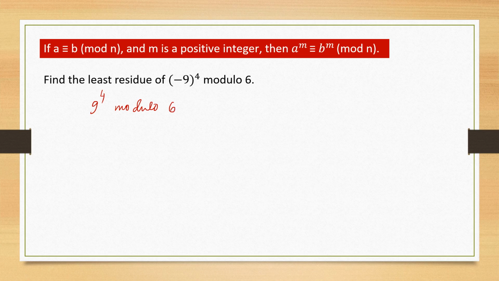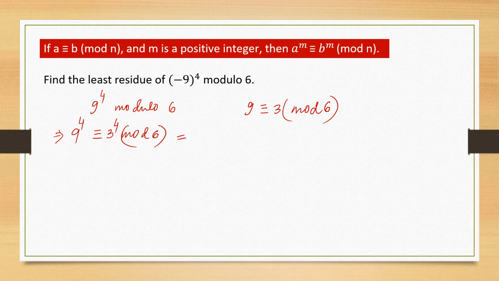Now let us take 9 first. 9 is congruent to 3 modulo 6, since 9 divided by 6 leaves remainder 3. So 9 raised to the power 4 is congruent to 3 raised to the 4 modulo 6. 3 raised to the 4 is 81. Instead of 81, I am writing 9 to the power 2 modulo 6.